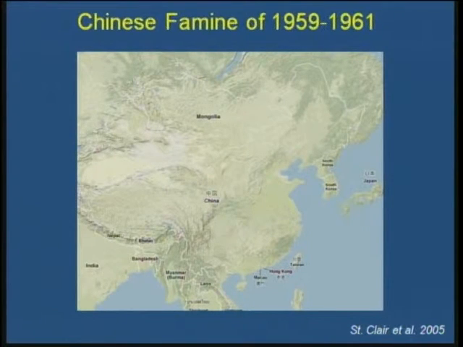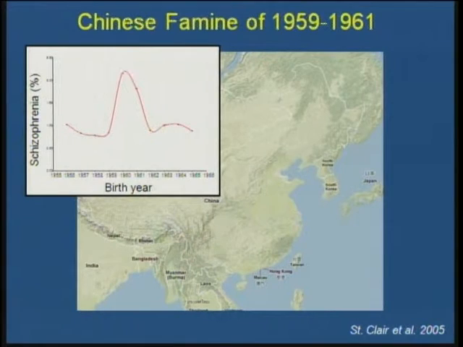The same phenomenon was seen in the Chinese famine of the 1960s. This was the result of the failure of the Great Leap Forward, where it's estimated that approximately 30 million people died. And again, there was an approximate 2-fold increased risk for developing adult onset schizophrenia in that birth cohort that experienced the maternal famine.